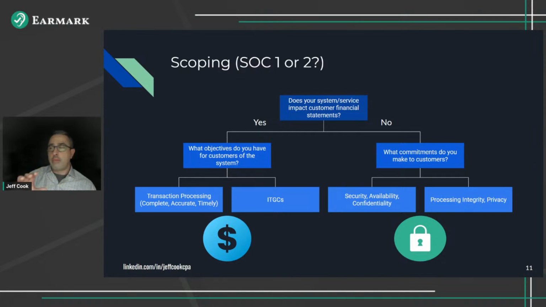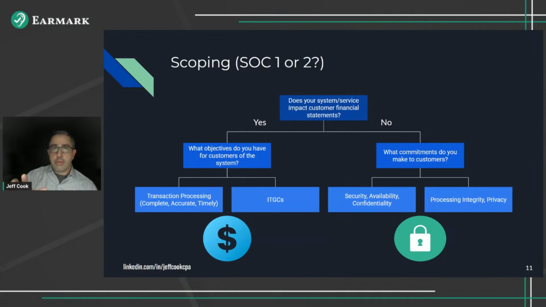If there is no impact, go over to the no side. What commitments do they make to customers? Again, security, like I mentioned, almost all of them have it. I've never seen one without it. So let's just say security is included in everyone.